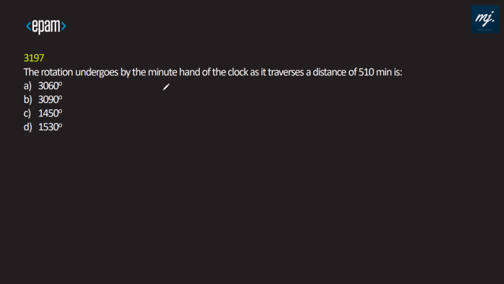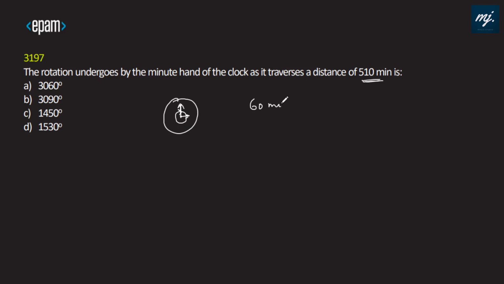The rotation undergone by the minute hand of the clock as it transfers a distance of 510 minutes. We know that the minute hand completes the full circle in the clock when it comes back to its own position, and it will come back to its own position in 60 minutes.